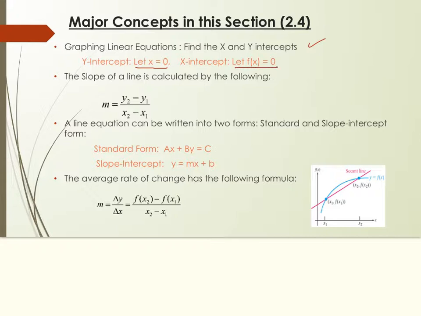The slope of a line is calculated by the following. M is the slope, where we have y2 minus y1 divided by x2 minus x1.